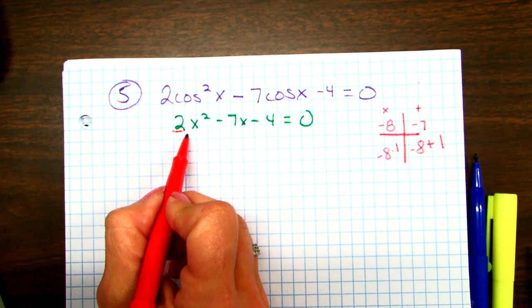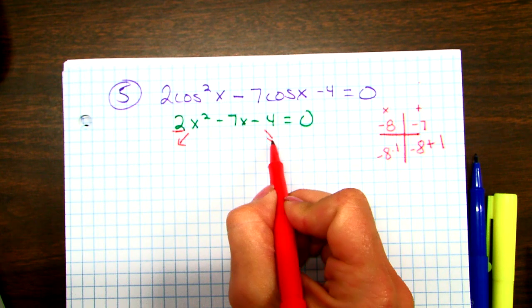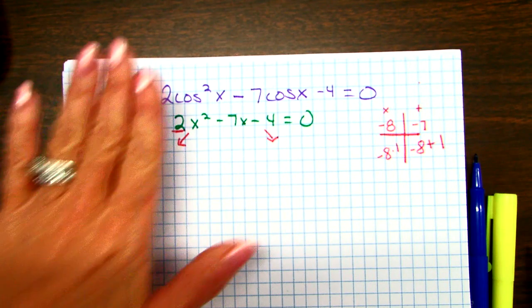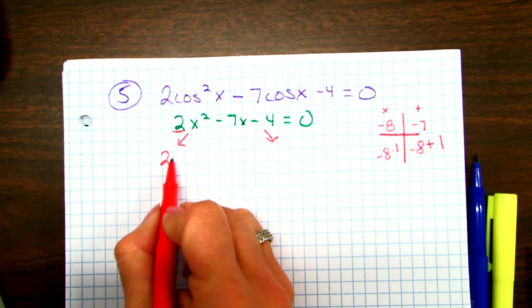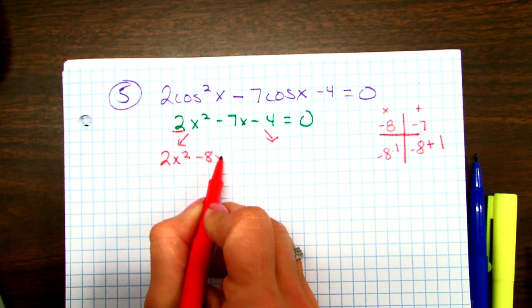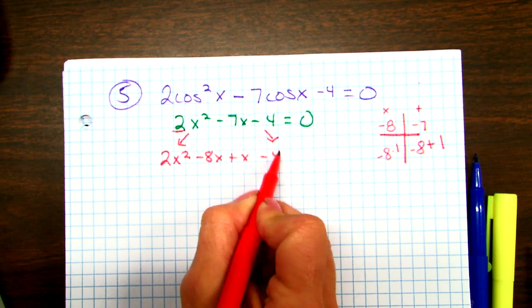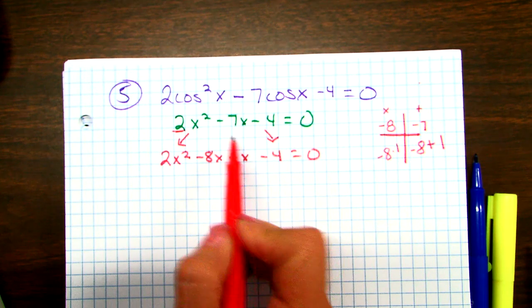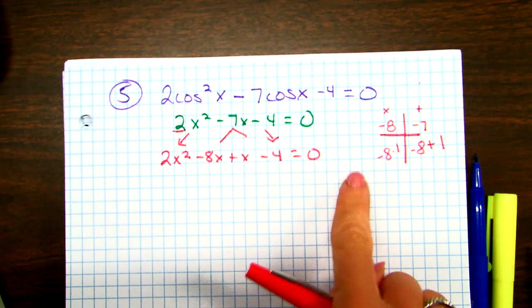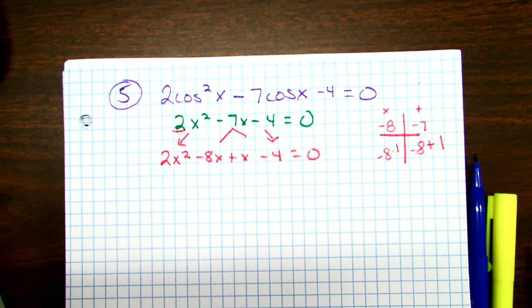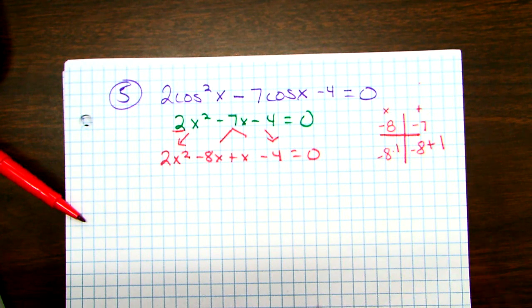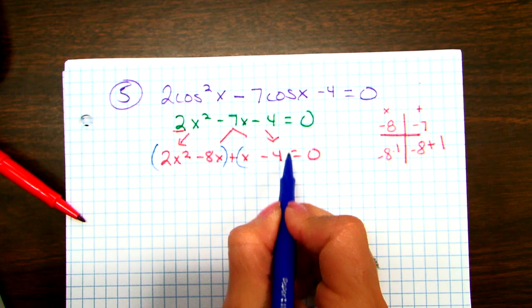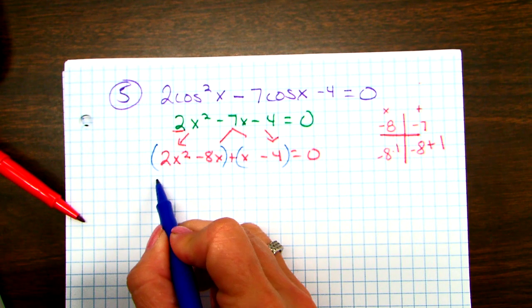Remember, when there's a 2 here, we have to do that extra, bring down the x outside 2. If it was an x squared, it would just be these 2 numbers. So I brought down the outside 2 and split the middle into these 2 numbers, putting an x on them. GCF.